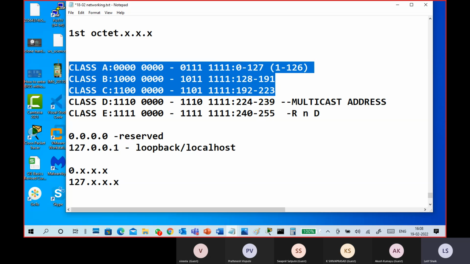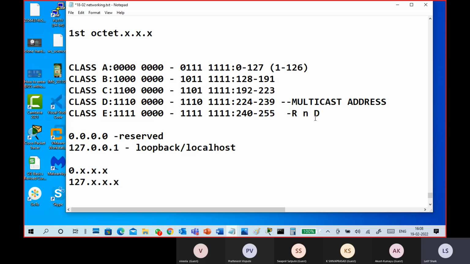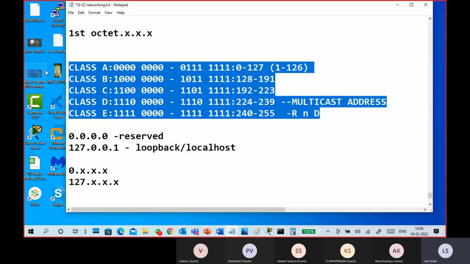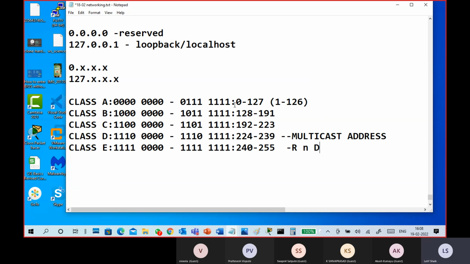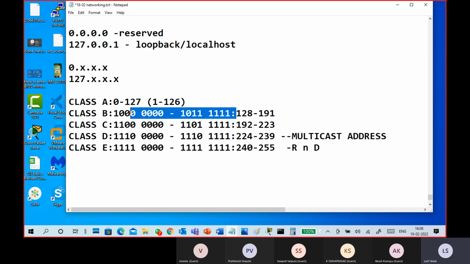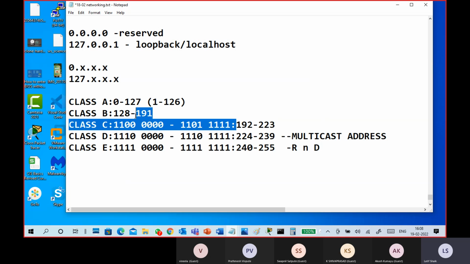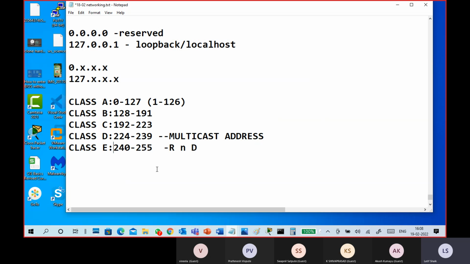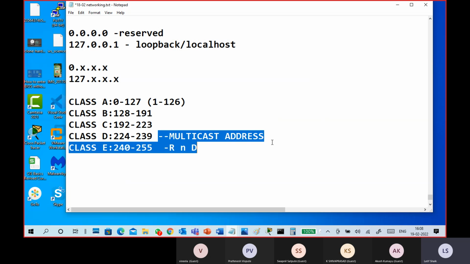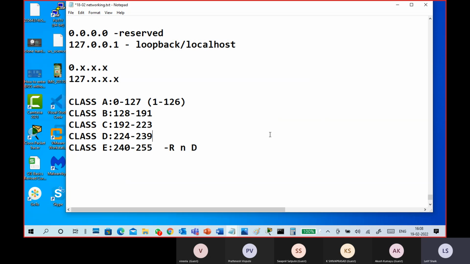We use class A, class B, class C ranges only. Class A is 0 to 127, class B 128 to 191, class C 192 to 223, class D 224 to 239. These are the classes in networking.